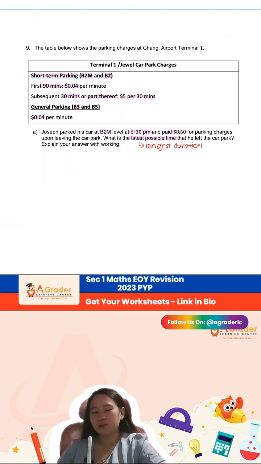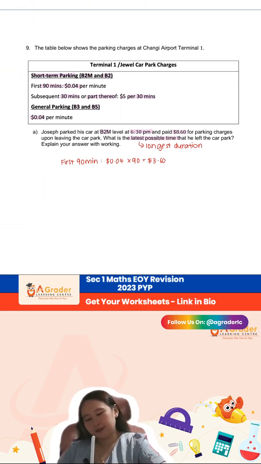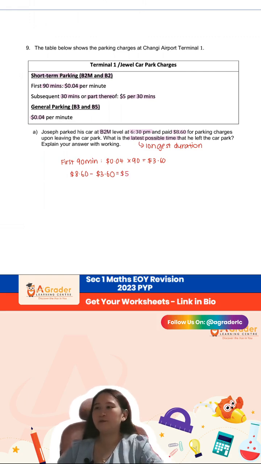So we can find the amount for the first 90 minutes. It's 4 cents per minute, so I multiply by 90. I got $3.60. Yep, correct. So if he paid $8.60, minus away the amount he paid for the first 90 minutes, he paid another $5.